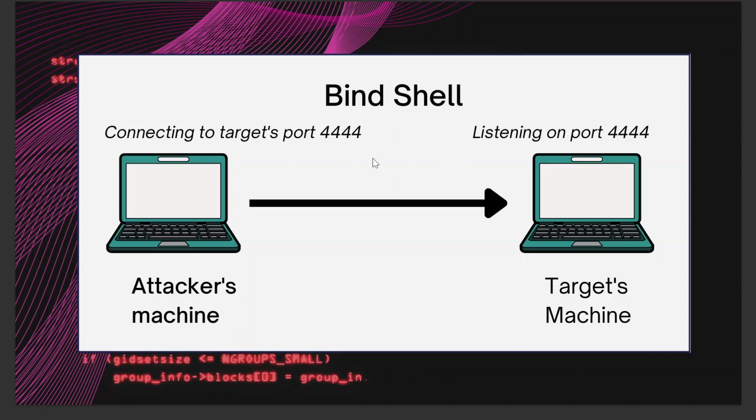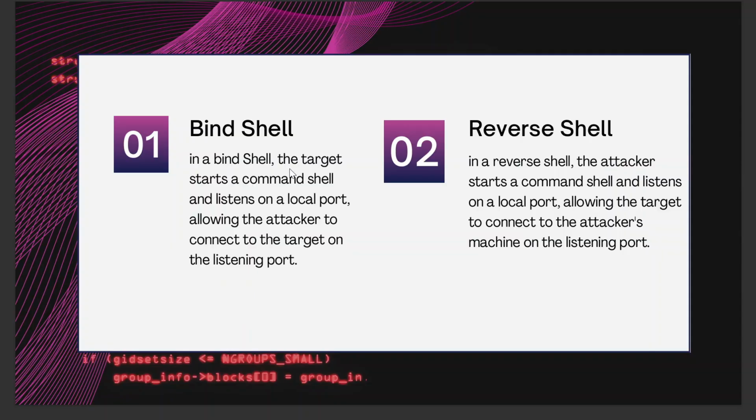Okay, we have this image here for the bind shell. Over here we have the attacker's machine, and here we have the target machine. Now, if you vividly recall the definition of the bind shell, it says the target starts a command shell and listens on a local port, allowing the attacker to connect to the target on the listening port.